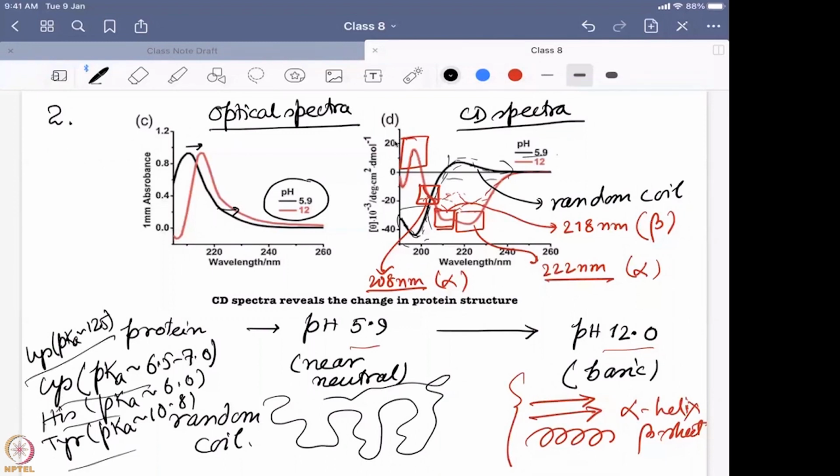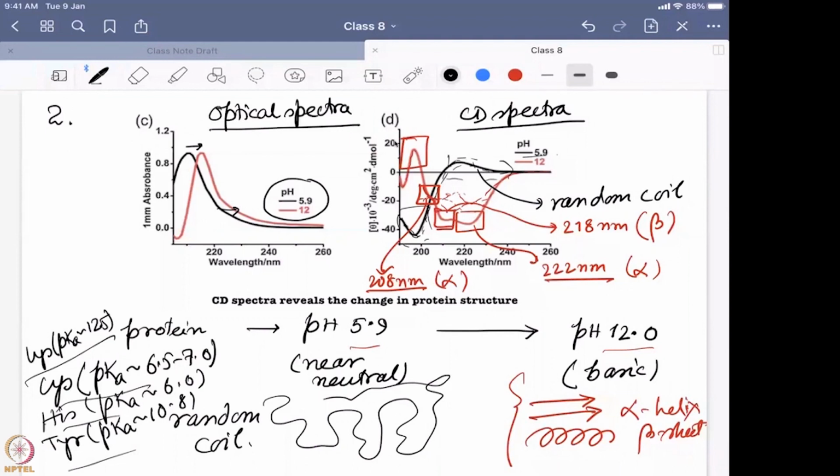So now you just take a look into the primary sequence of the protein, and then you can predict what changes might be happening, which is triggering such a change from a totally random coil to an alpha helix. Now imagine a random coil means there is no particular structure, and then in the basic condition it is getting structure.